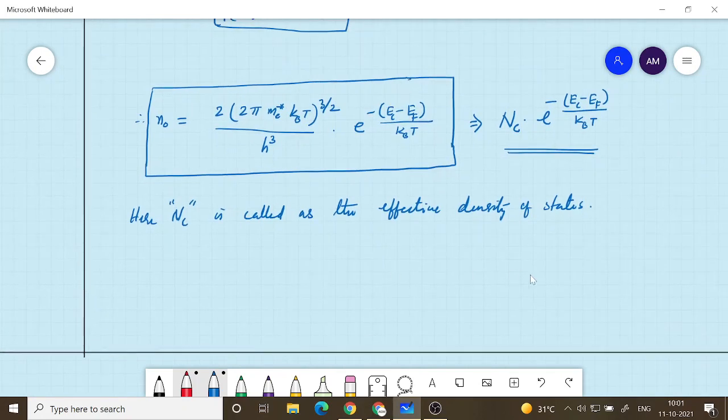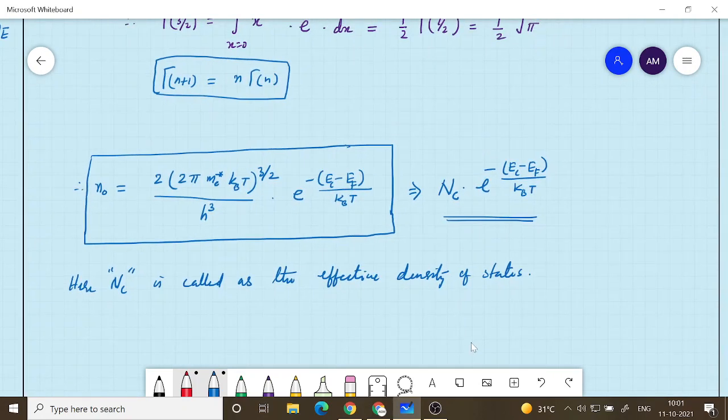Okay, so this is comparing with our earlier expression where we had N of E is equal to the density of states of the conduction band multiplied by f of E, which was basically 1 by 1 plus e raised to E minus EF by kBT.